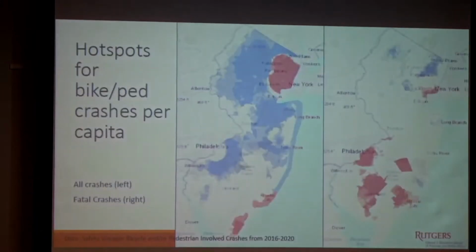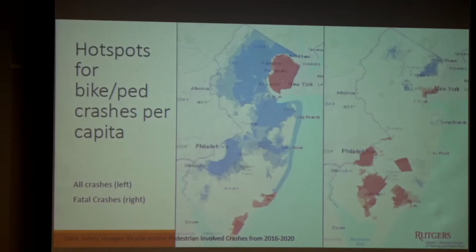So the hotspots for bike and ped crashes per capita, all crashes per capita, tend to occur in northern New Jersey, with some hotspots around Atlantic City and Cape May. And then it's a huge difference with the fatal crashes. Fatal crashes, on the other hand, don't happen, or they do happen, but the hotspots for those are actually mostly in southern New Jersey.